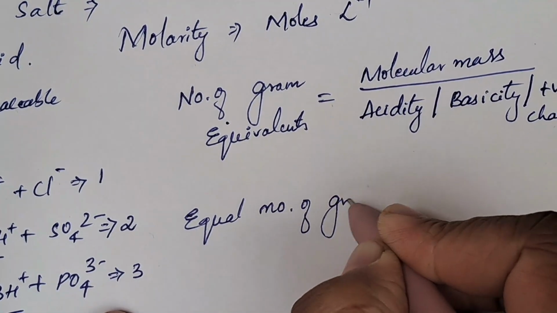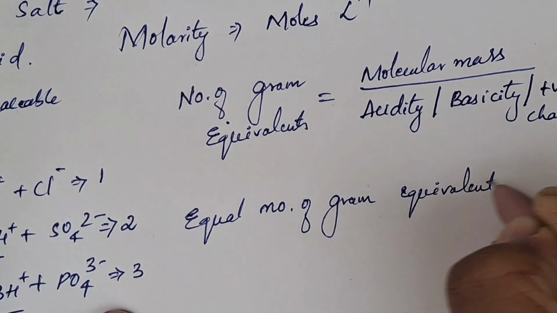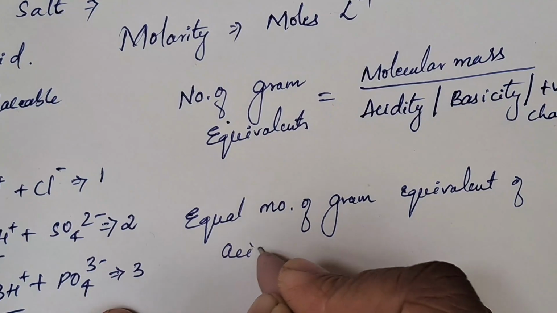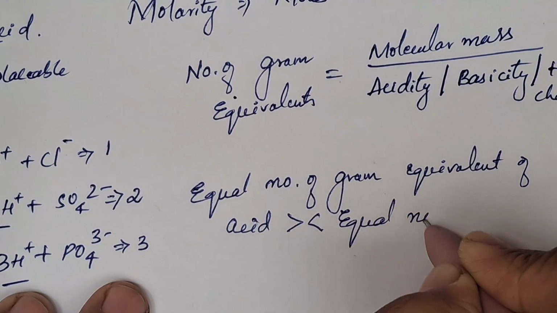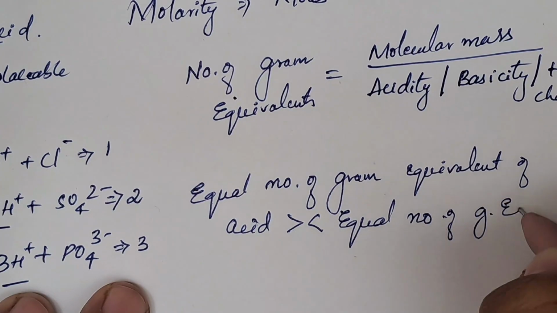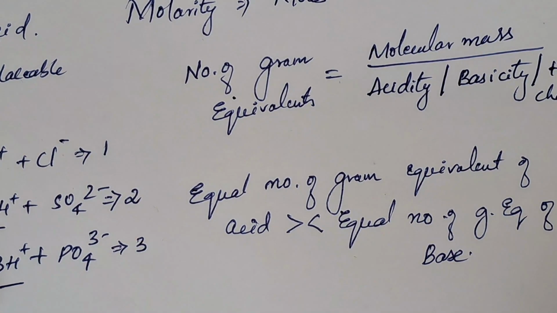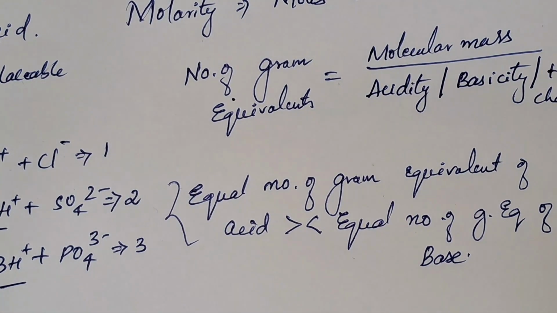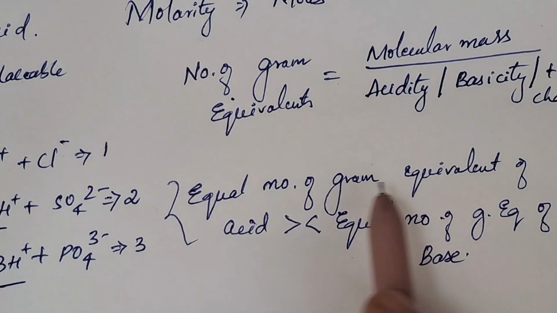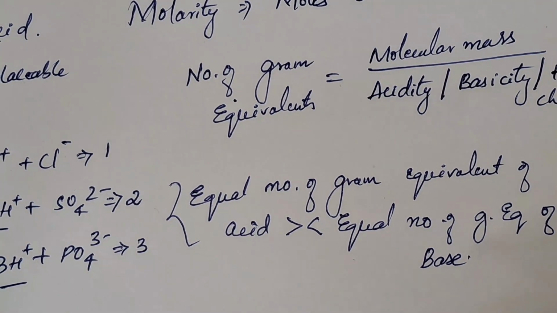An equal number of gram equivalents of acid will react with an equal number of gram equivalents of base. This will be easy for our calculation as well, as it will be an equal number of acid base neutralization reactions.